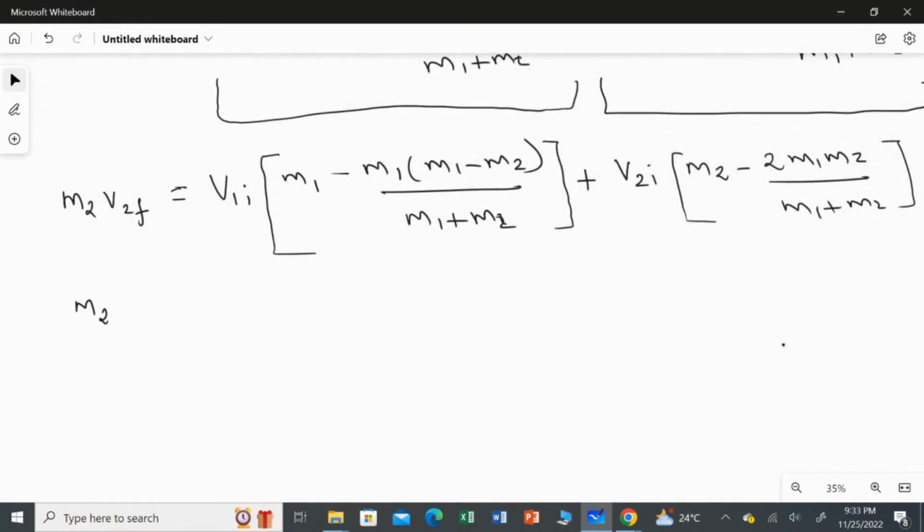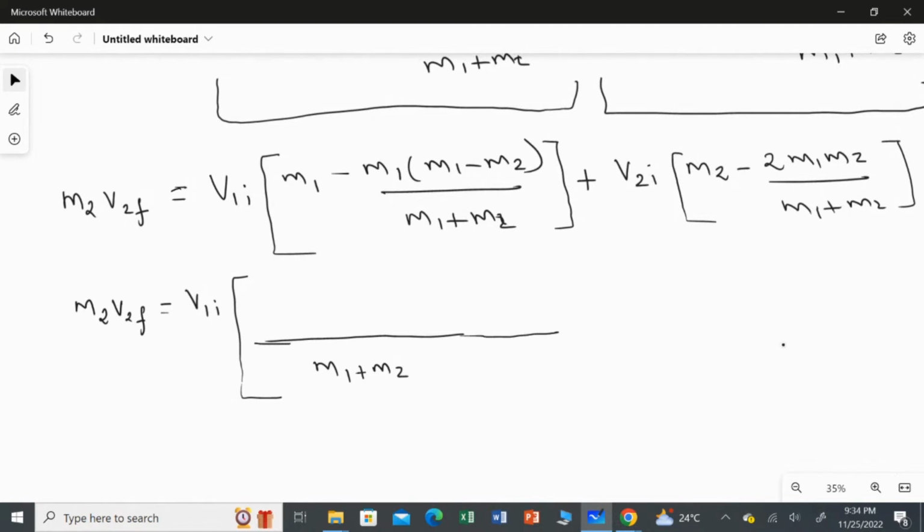M2 V2 final, which is equal to V1 initial. Let's take M1 plus M2 as a LCM. So if you take this one M1 plus M2, what will happen? Here you don't have anything below this M1, so you have to multiply with this term. It's nothing but the least common multiple we already studied in our school life.